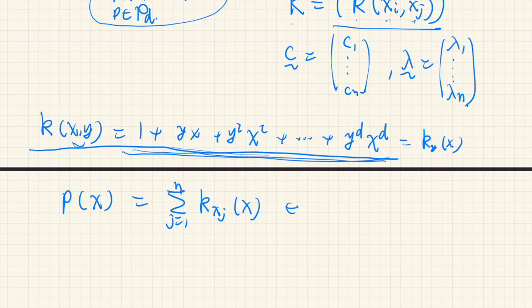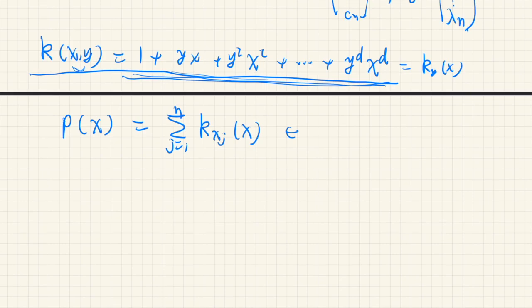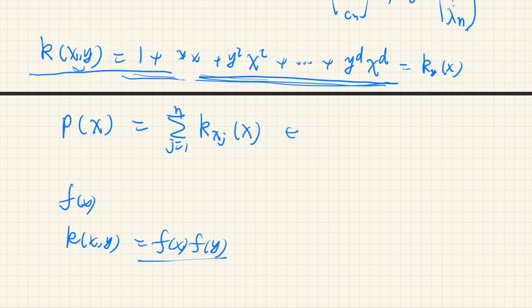How about positive semi-definiteness? Actually we can prove it more easily than proving that directly, because for any function f(x), if we define k(x, y) as f(x) times f(y), we have seen that this is a kernel function. So yx, y squared x squared, they are all kernel functions.